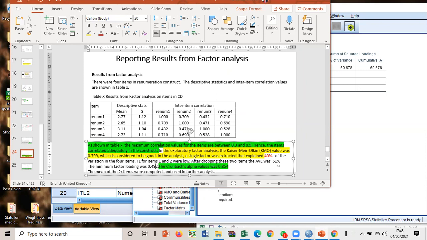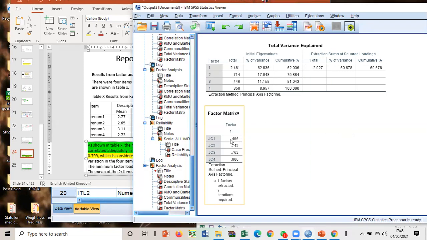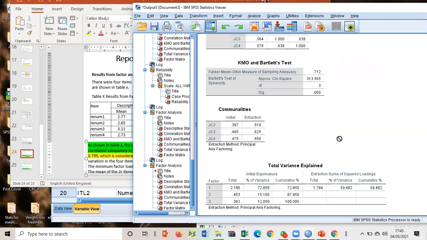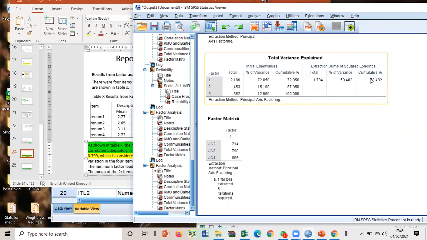Right? Yes. There's no harm. If I feel that item number 1 is not necessary, but I want to improve this, what do I do? I drop this item, JC1. Is it much better?